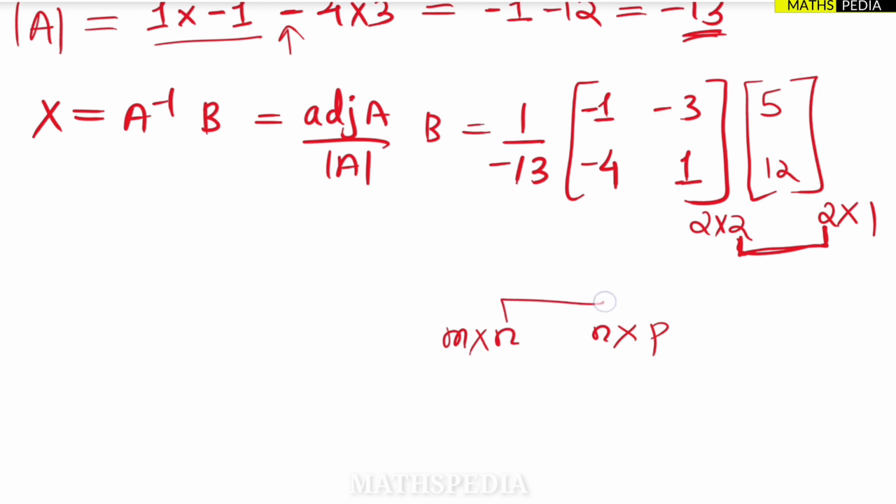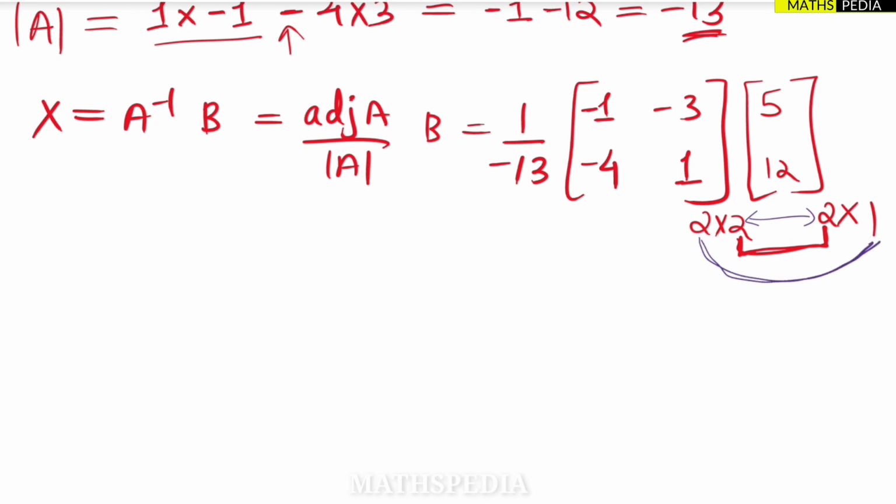These two should be same. Here 2 and 2 are same. The other dimensions don't matter. Only these two should be same. So our answer will be 2 cross 1. So the condition is these two should be same and the answer will give you a 2 cross 1 matrix.